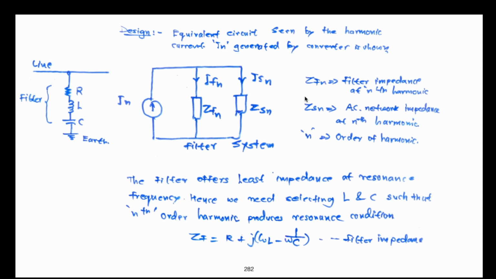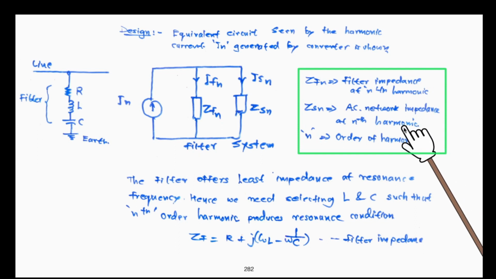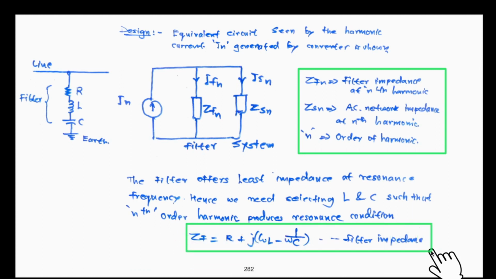Consequently, you can see the standard notations mentioned here: ZFN is the filter impedance at the nth harmonic, ZSN is the network impedance at the nth harmonic, and N is the order of the harmonic that we would like to eliminate.